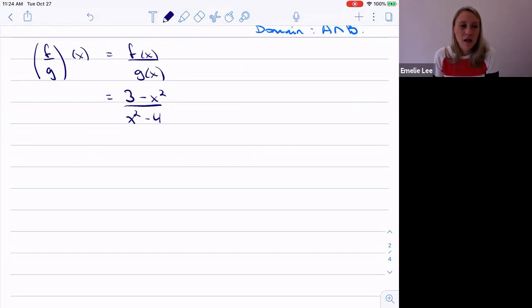So can I simplify this? I guess x squared minus 4 I can, but it doesn't really cancel out. So I'm just going to leave the function here, right? If there's nothing that jumps out at you, then you can probably just leave it. But there's nothing I can cancel. I don't think I can factor out to get a common factor, so I'm just going to leave it.